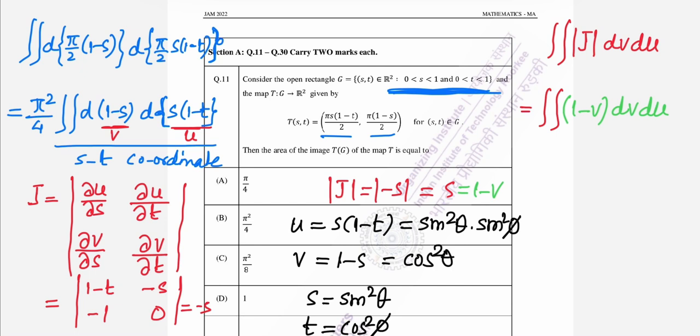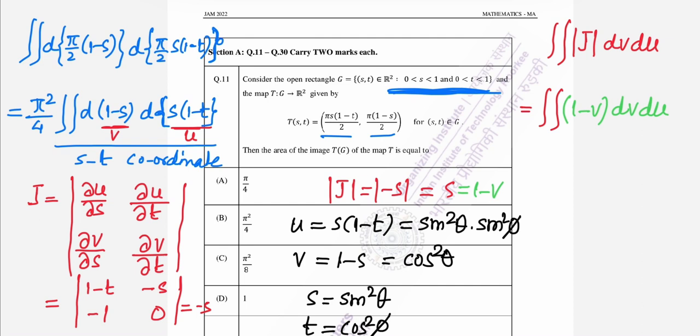Now why have I taken s equals sin square theta? Because s goes from 0 to 1 excluding 0 and 1, and sin square theta also goes from 0 to 1, but there is a slight difference: in sin square theta, 0 and 1 are included.